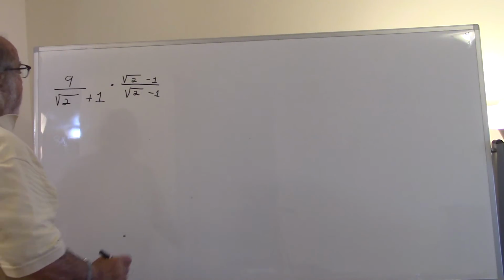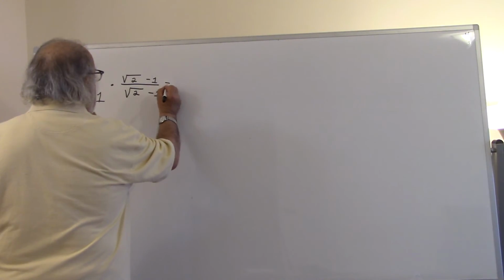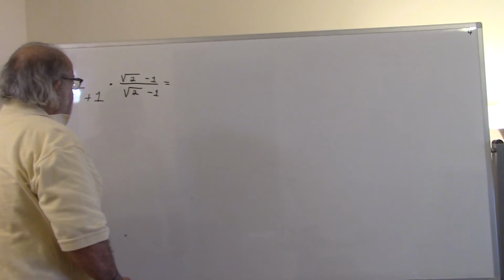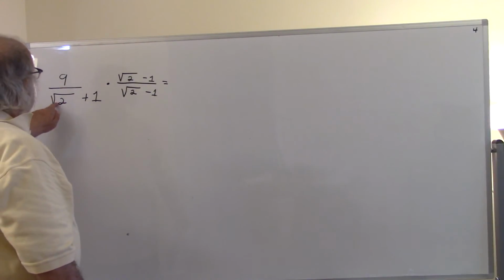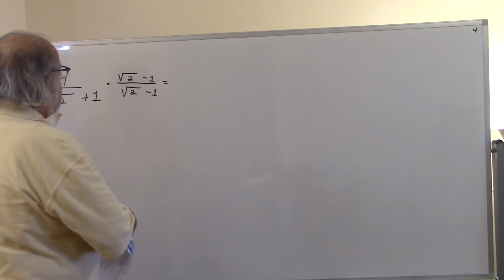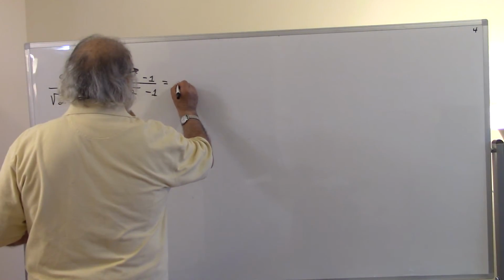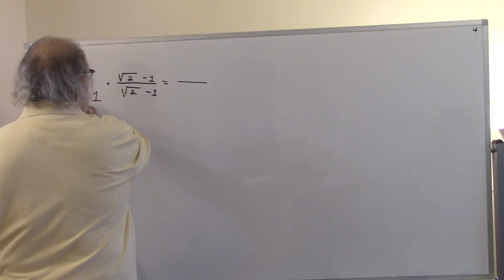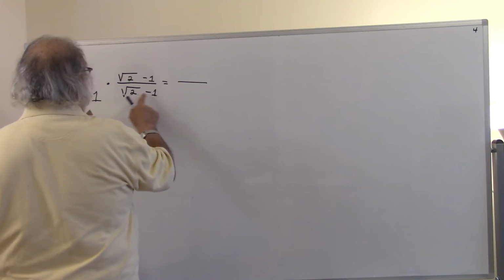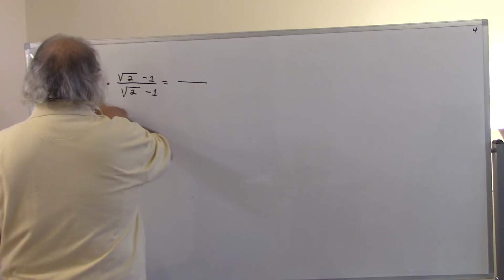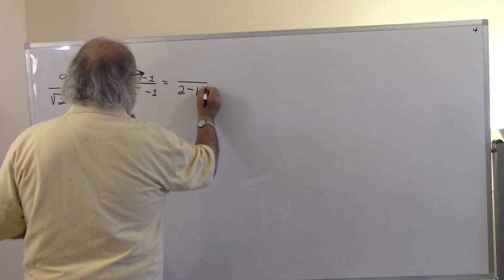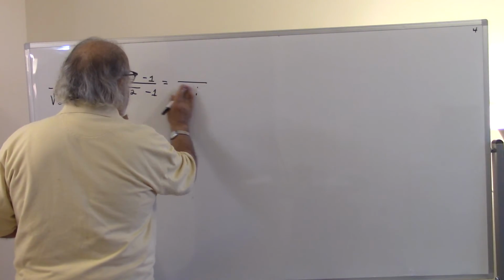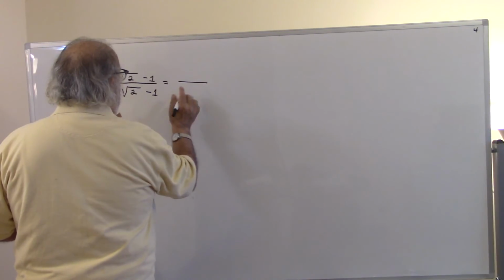Now, when you multiply this by this, you get rid of the square root. So it becomes 2 plus or minus 1, you multiply that, becomes 2 minus 1, which is the same thing as 1.